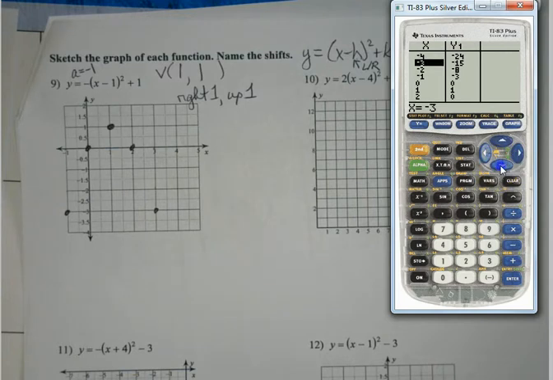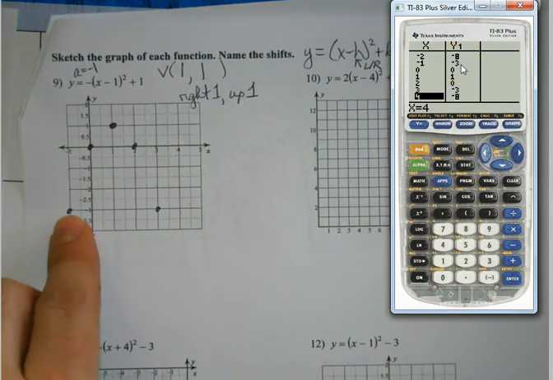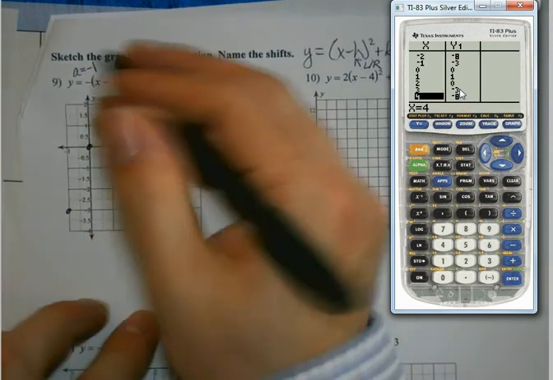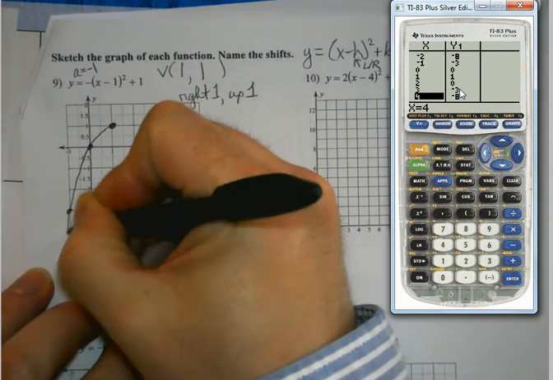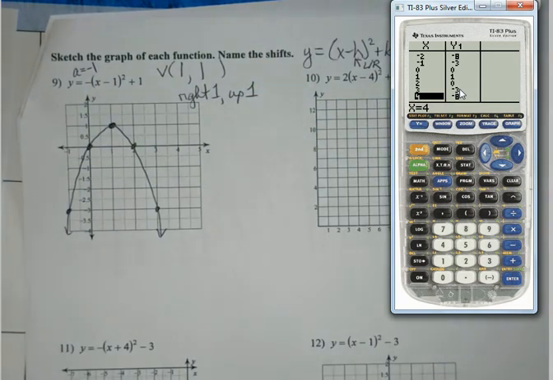So let's see, my vertex is at 1, so we'll get that in the middle. There's my points at 0, 0, and 2, 0. And my points at negative 1, negative 3, and 3, 3. I can get them from there too. So you have options. It's not a know the formula or else. And like I said, I can even get the shifts that way.